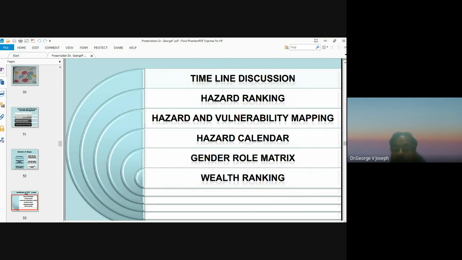So we have also tried to identify the most vulnerable in terms of economic condition through wealth ranking. Again, this wealth ranking has been done from the perspective and perception of the people. This type of identification can help you understand the vulnerable groups and vulnerable issues.